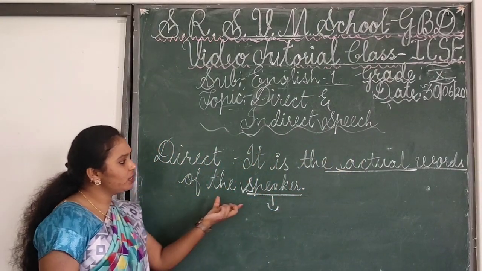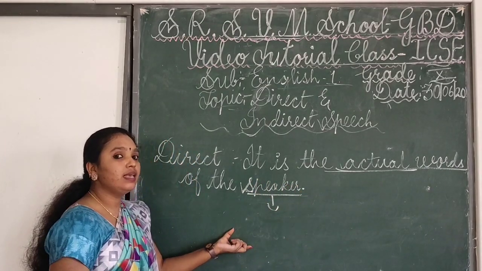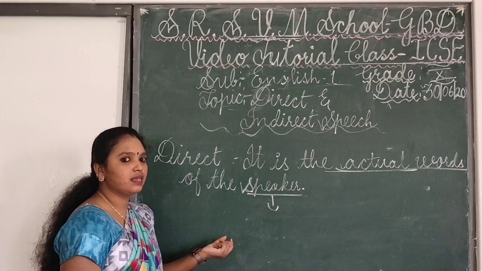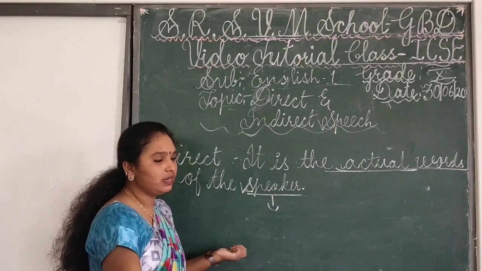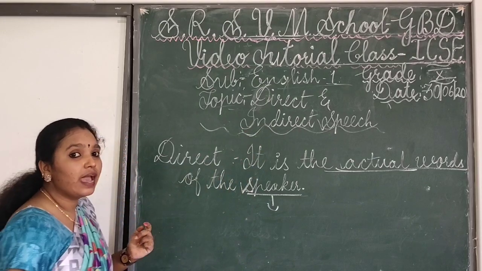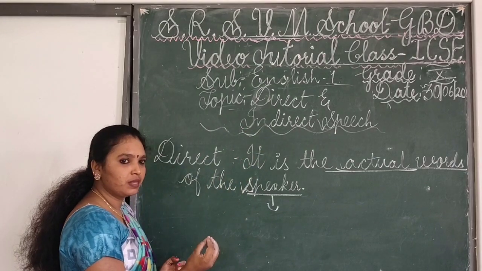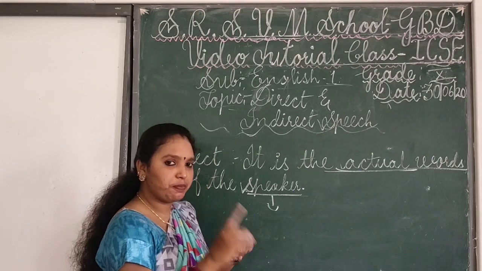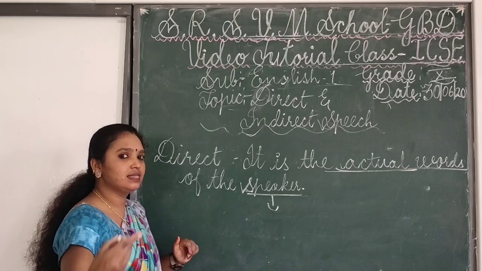So when the actual words of the speaker are listened to and reported to the listener, then it becomes an indirect speech. So an indirect speech means the actual words of the speaker are reported by the reporter to the listener.